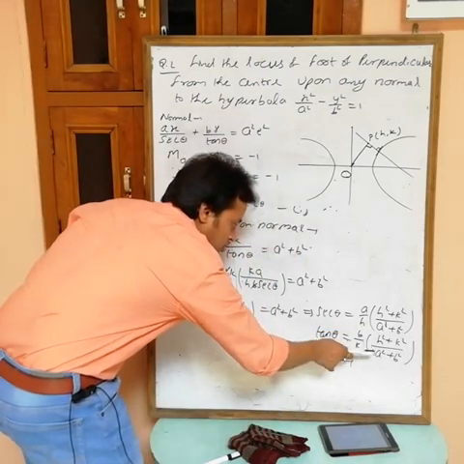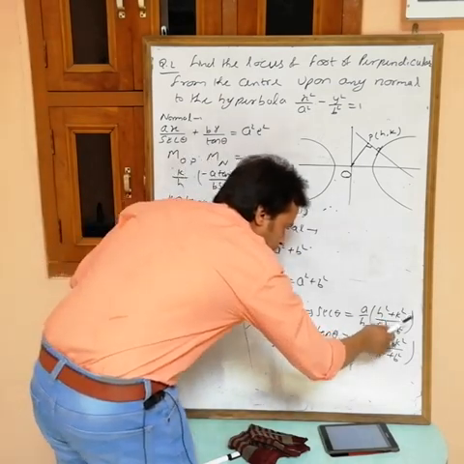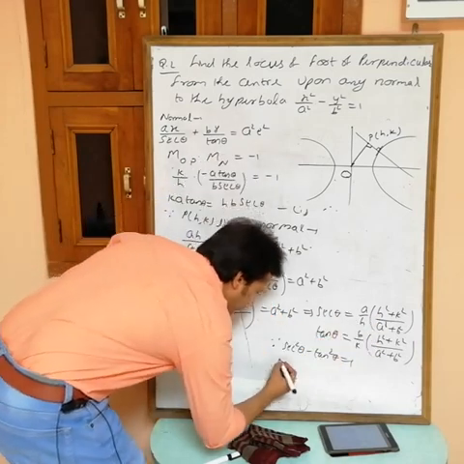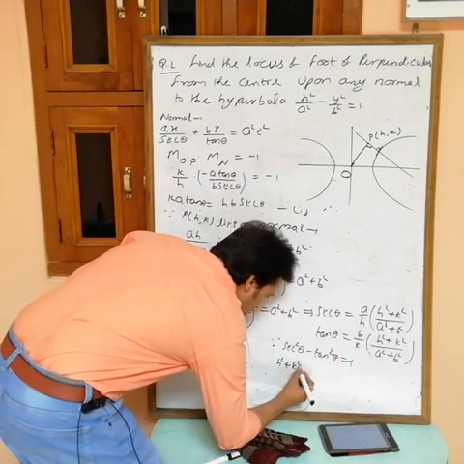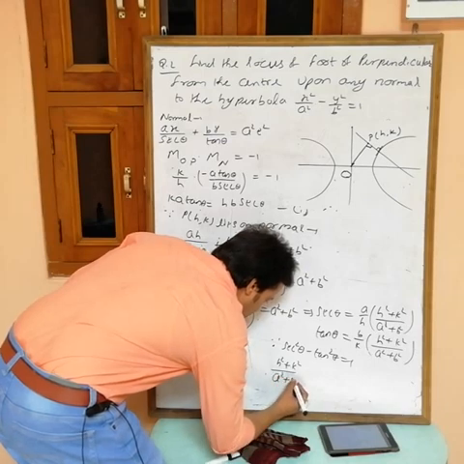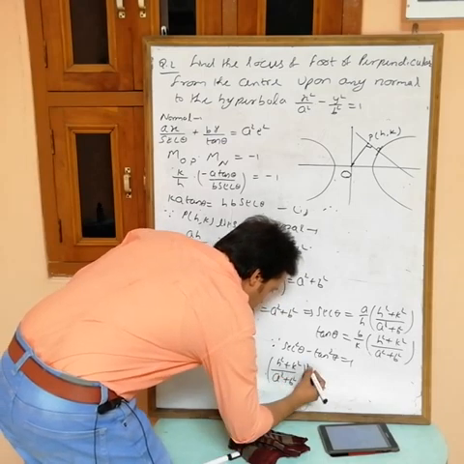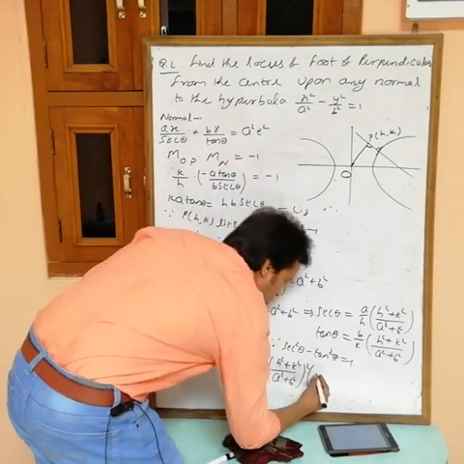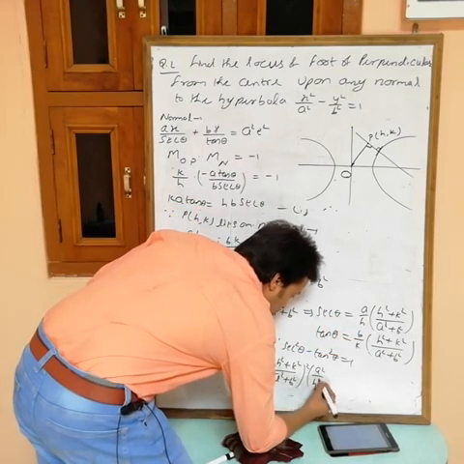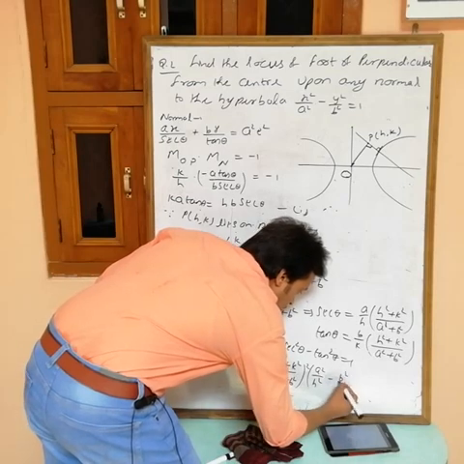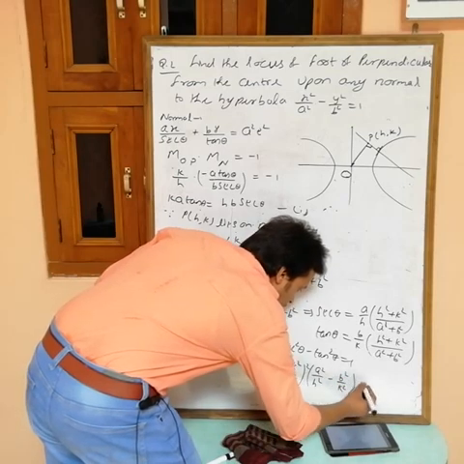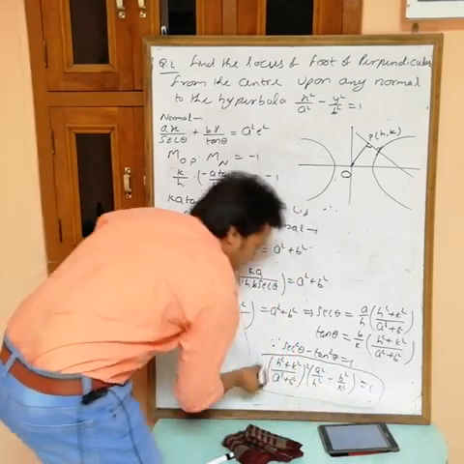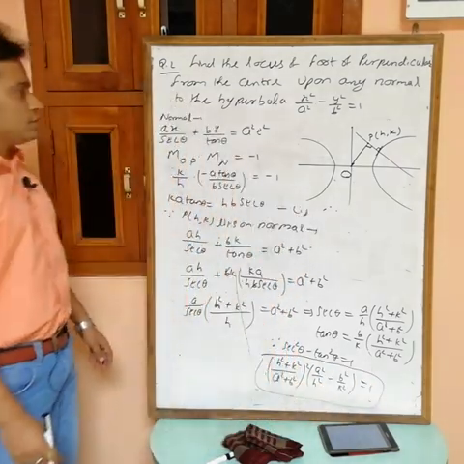This one square minus this one square equals to 1. Out of these two you can take common h square plus k square by a square plus b square whole square, sec square minus tan square, so this one square minus this one square, a square by h square minus b square by k square equal to 1. Okay, so this is the locus. At the end just replace h with x and k with y. Okay, so this is the answer.